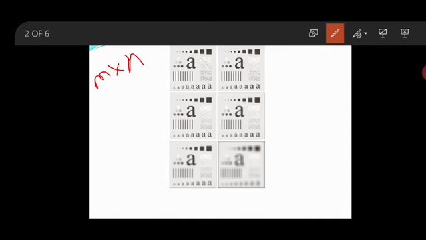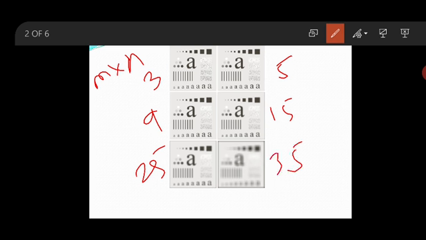The very first one has used 3. What is the 3 here? It is the window, the kernel size. The next will be 5, then 9, 15, 25 and 35. You can go up to 45, 55 like this.